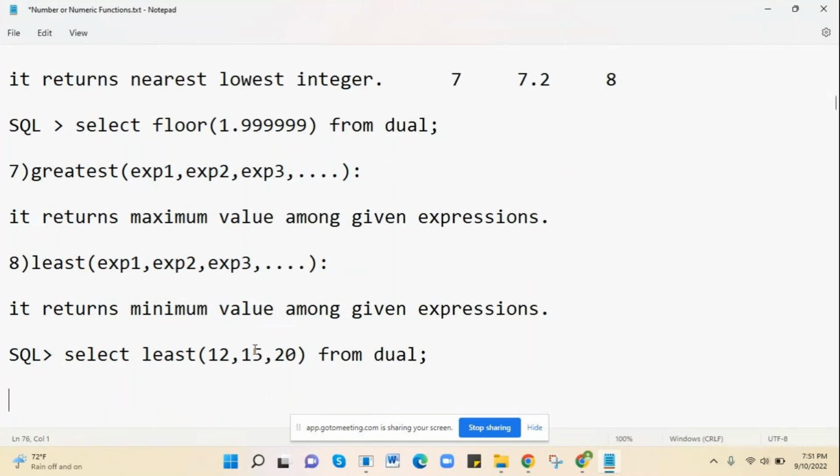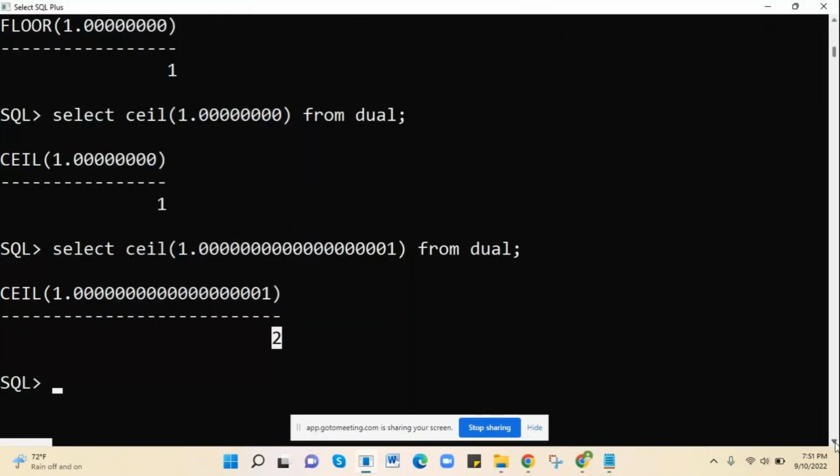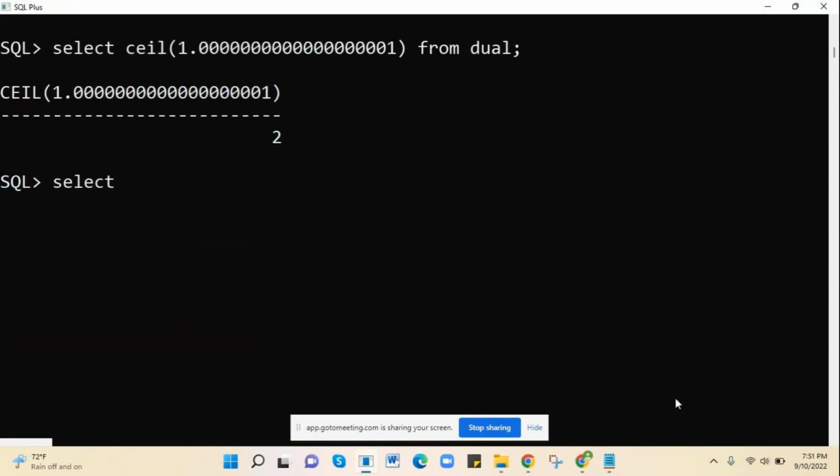నెక్స్ట్ గ్రేటెస్ట్. గ్రేటెస్ట్ అంటే అమాంగ్ ద గ్రేటెస్ట్ వాల్యూ, అమాంగ్ ద గివెన్ ఎక్స్ప్రెషన్. గ్రేటెస్ట్ ఉన్న వాళ్ళలో ఎక్కువ. సెలెక్ట్ ఓకే 3, 9, what is the greatest value?